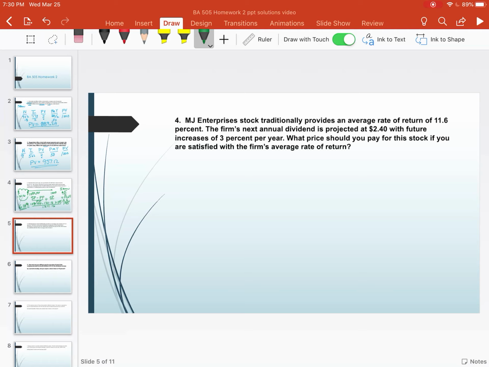So the next dividend is projected to be $2.40. So that's going to be dividend 1 is going to equal $2.40, okay? With future increases of 3% per year. So G, our growth rate, is equal to 3% per year, okay?